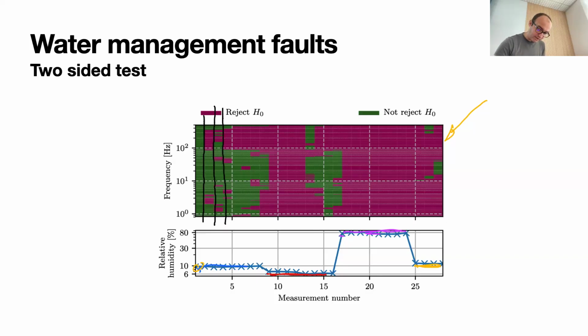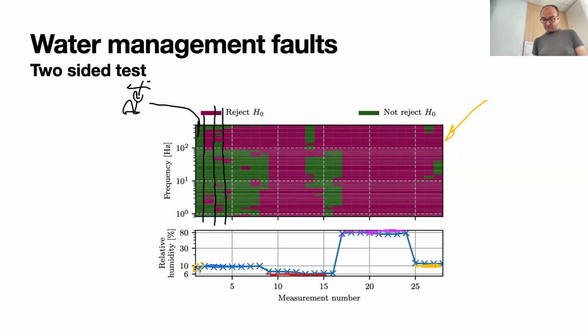The first one, this column here, is a reference one. We've selected ad hoc that the first one is fault-free. And if we compare the first one with itself, it says, yes, I'm the same. There are no errors anywhere. The green color says that there are no errors.